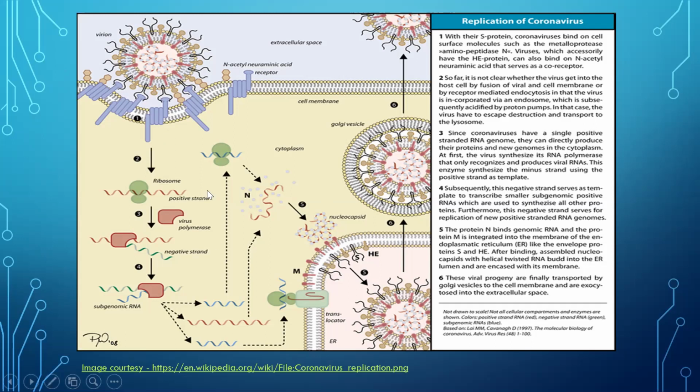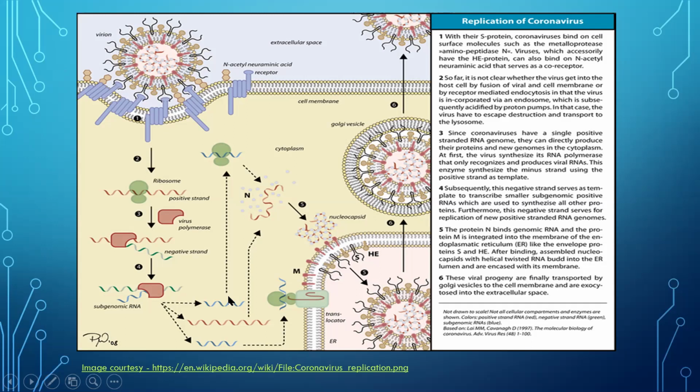So you have to remember that this is a positive sense single-stranded RNA, which is directly translated into its enzyme with the help of the ribosome. This ribosome is of the host cell. And then this polymerase enzyme is going to form a negative strand. Some of the negative strands will give the viral protein. Some of the negative strands will undergo transcription again to form a positive strand RNA molecule.